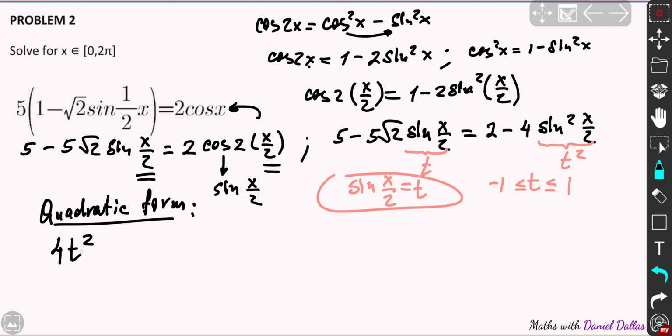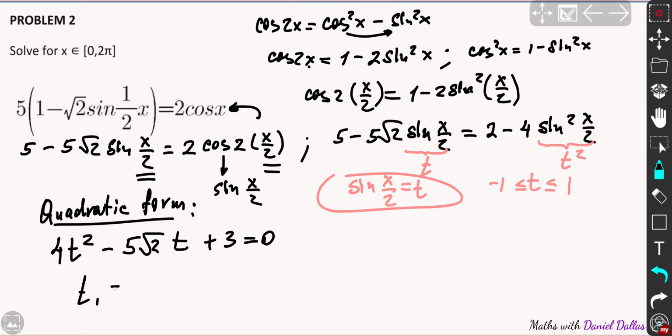Next, I write the t term, which is 5 square root of 2 t, and when I transfer 2 to the left hand side, I will get plus 3. So right now I've got a purely quadratic equation, and because I can't factorize irrational coefficients easily, I would like to use the quadratic formula. Okay, so guys, use the quadratic formula and get the values.